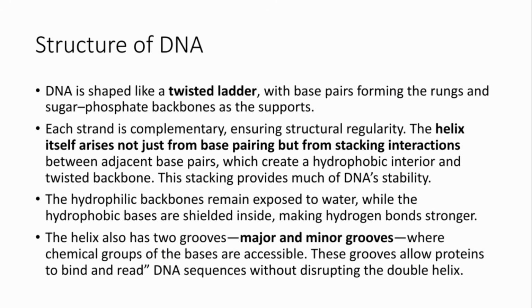The hydrophilic backbones remain exposed to water, while the hydrophobic bases are shielded inside, which makes hydrogen bonding stronger. And then there are 2 grooves where chemical groups of bases are accessible. These grooves allow proteins to bind and to read DNA sequences without disrupting the double helix.